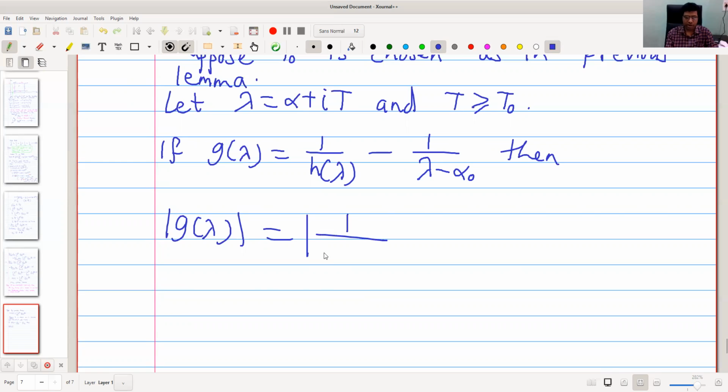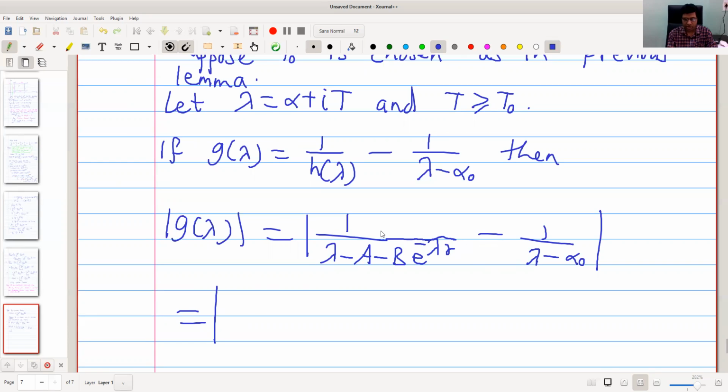Now what is h of lambda? H of lambda is lambda minus a minus b e raised to minus lambda r. So this is h of lambda minus 1 upon lambda minus alpha 0. We simplify the right hand side. This is equal to lambda minus alpha 0 minus lambda plus a plus b e raised to minus lambda r in the numerator.